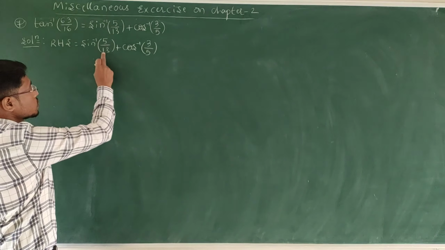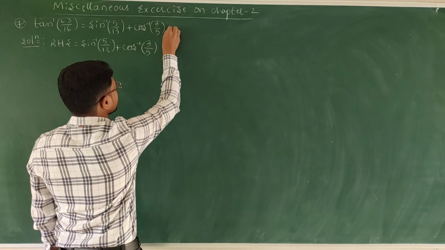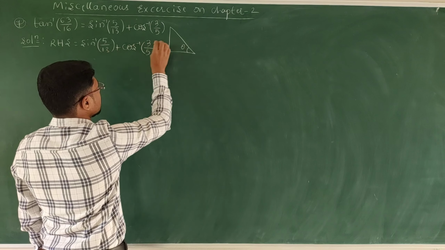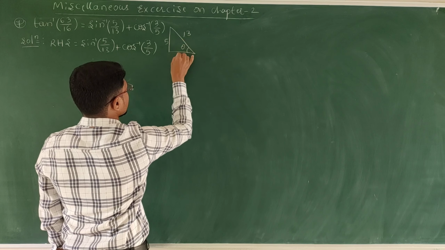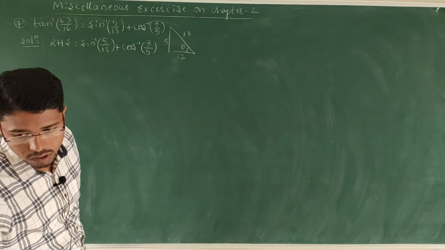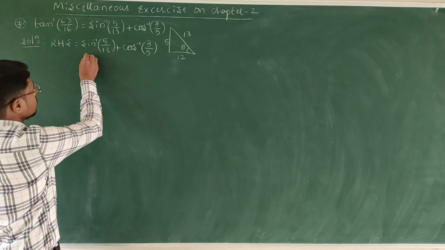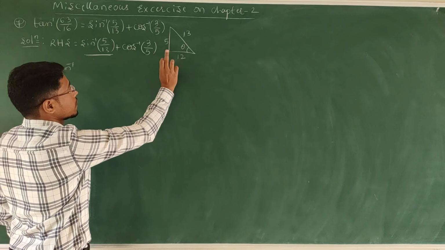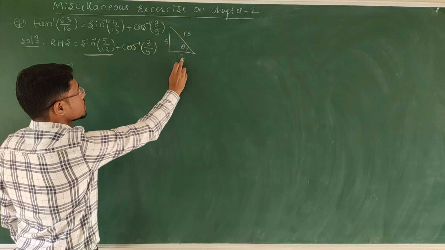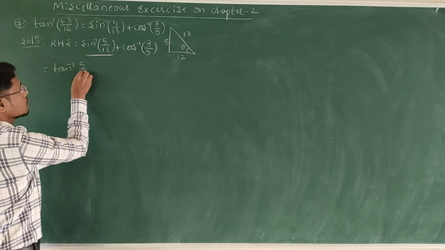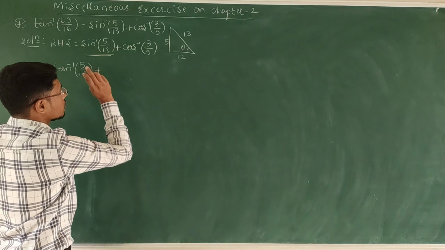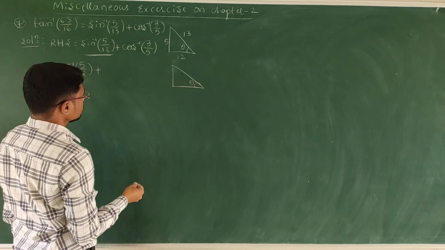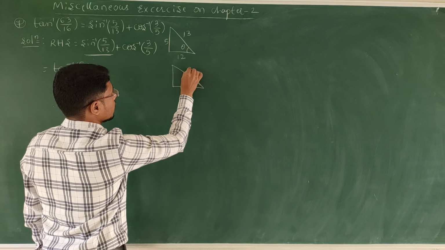So convert these two to tan. I will write here theta, this 5 by 13, opposite divided by hypotenuse, this is the triplet, so the one more ratio is 12. Next, using this, tan inverse is opposite divided by adjacent, so that is 5 divided by 12, plus, for this I'll draw one more right angle triangle, theta, 3 by 5 adjacent divided by hypotenuse.